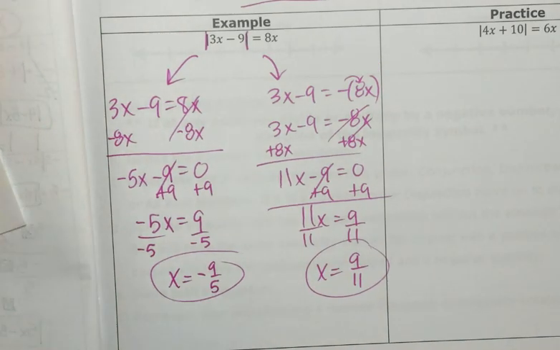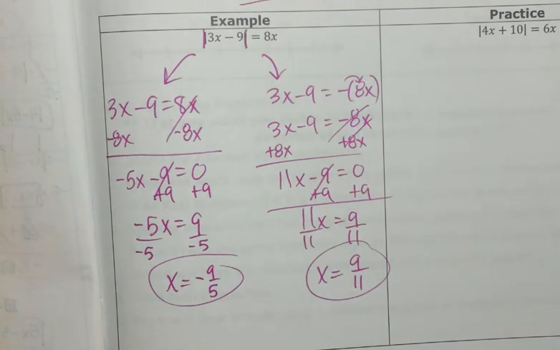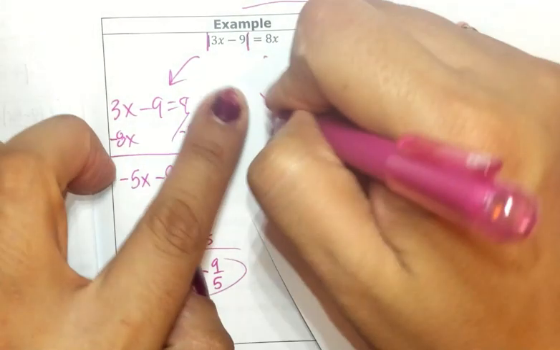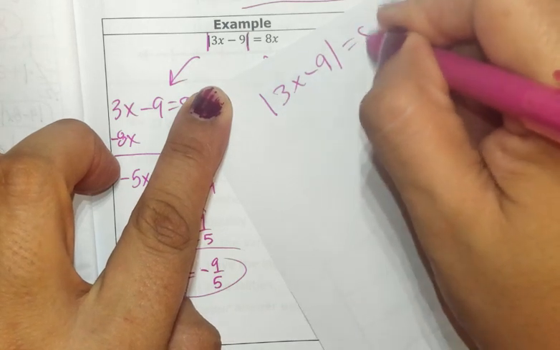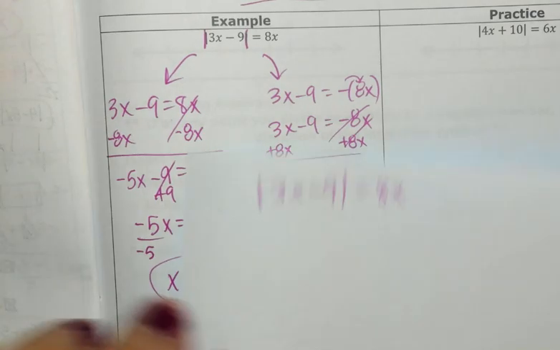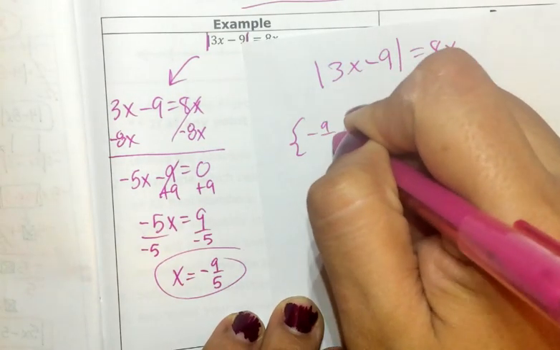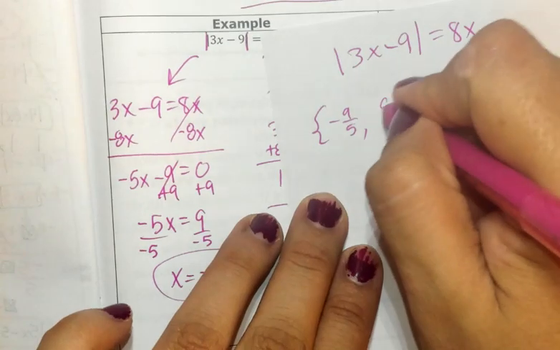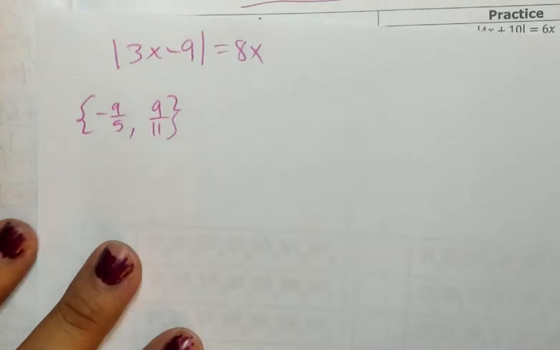So these two are the solutions that you have, and you can always plug them in by hand. So basically, you copy the absolute value, and then you're going to substitute these x values in here. So I'm just going to write the solutions negative 9 over 5 and 9 over 11 as the two solutions we calculated.